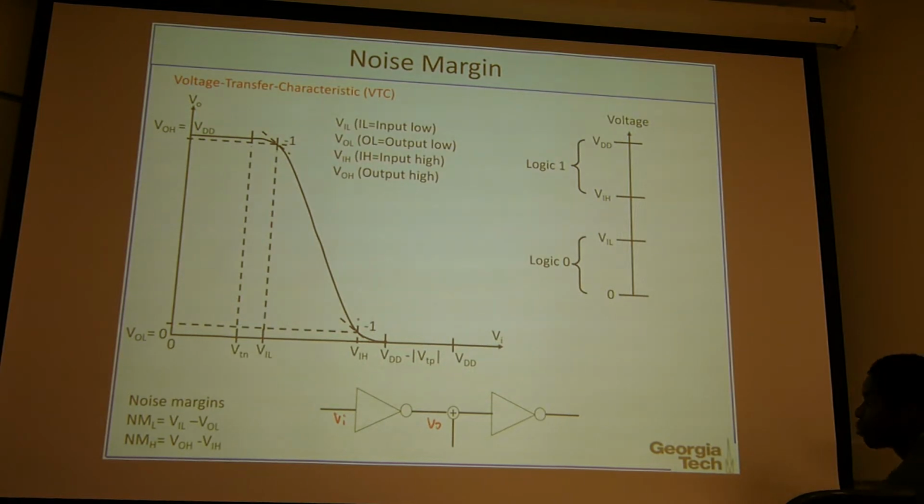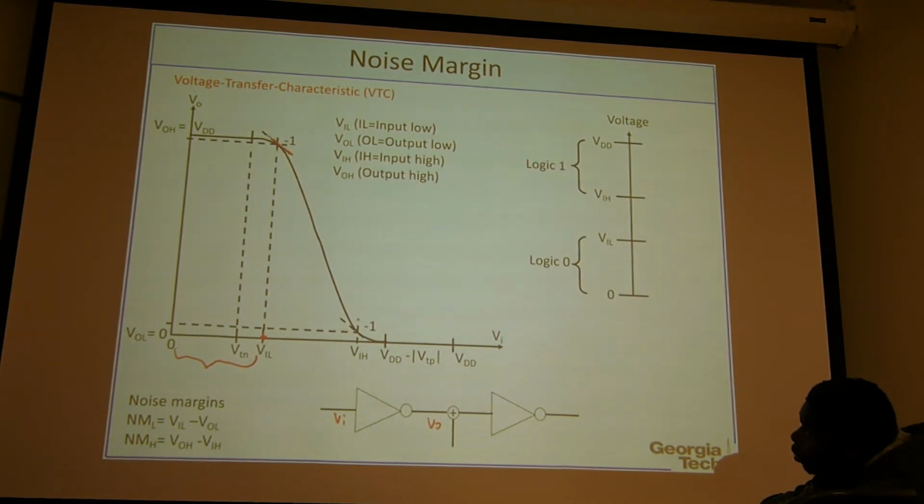So for the input, this VIL is defined when the slope of this curve is -1. That means 45 degrees pointing to the second quadrant. So this is a -1. Then this defines the VIL.